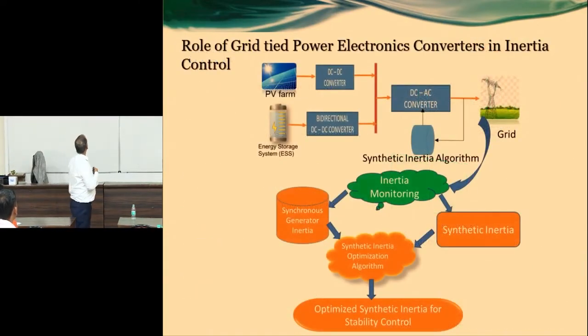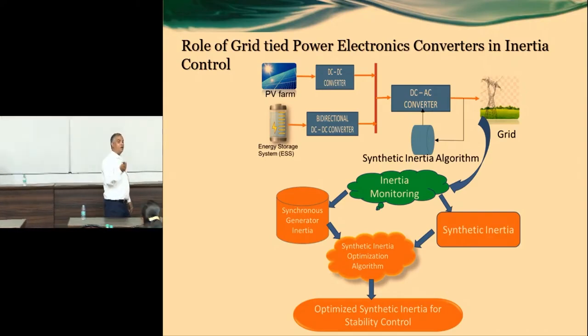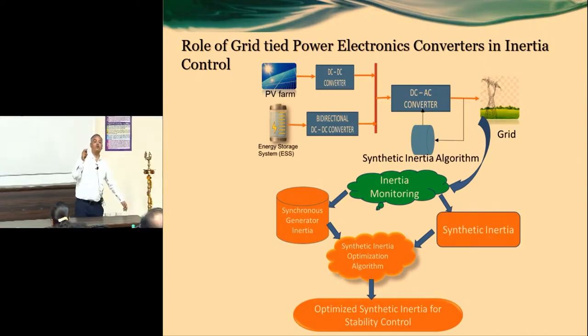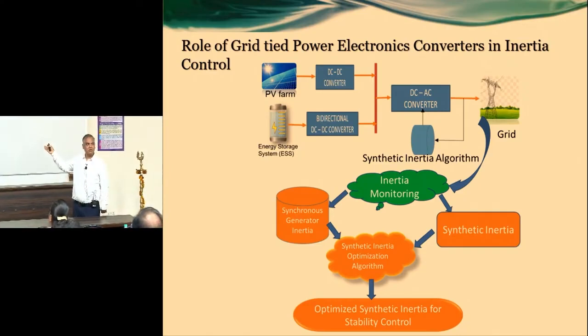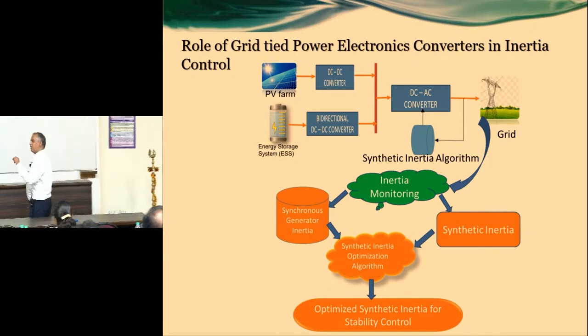So what is the role of the converters? How can they improve or inculcate all those properties which we were discussing right now or in previous slides? This grid-tied inverter can be regulated as per the optimization control algorithm with real-time calculation.